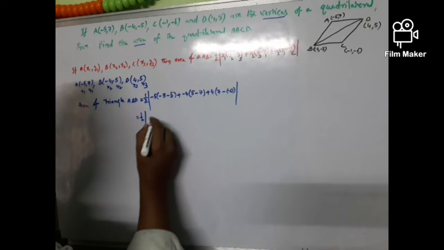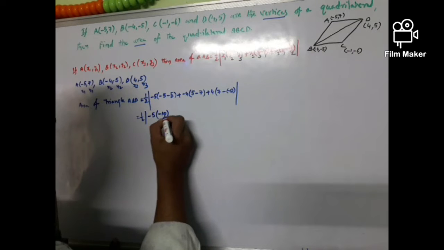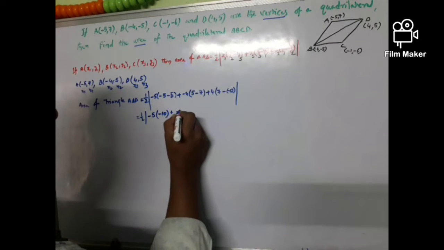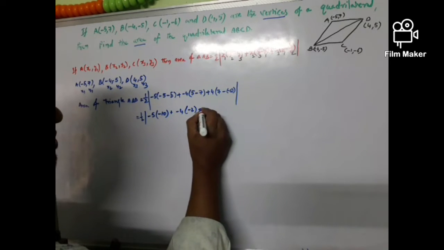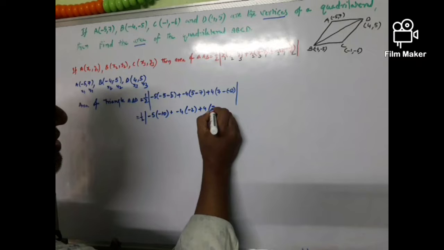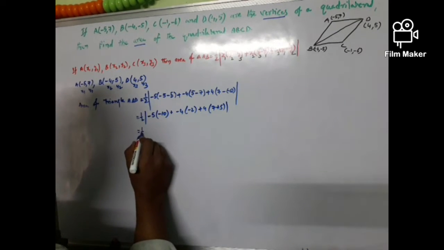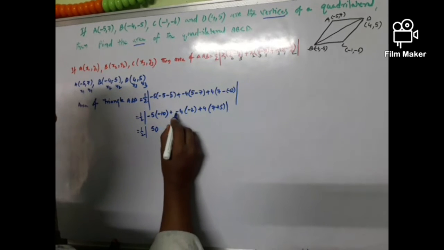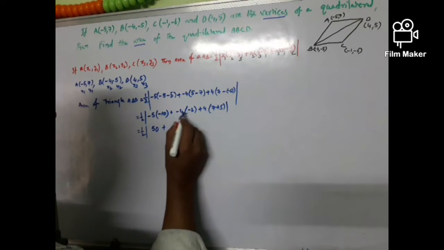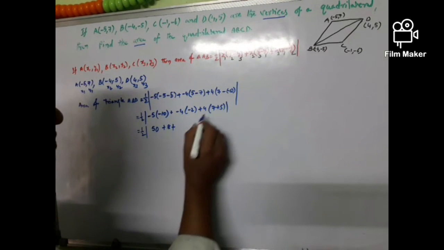Half mod, minus 5 into minus 10, plus 5 minus 7, so minus 2, plus. Minus into minus plus, 5 tens are 50. Minus into minus plus, 2 fours are 8. Then 4 12s are 48.